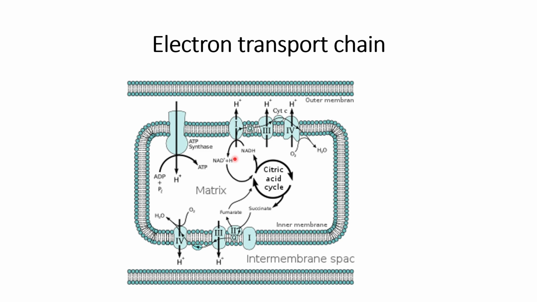So what happens is, when NADH is converted to NAD, it leads to a proton gradient, or an electrochemical gradient, within the mitochondria.